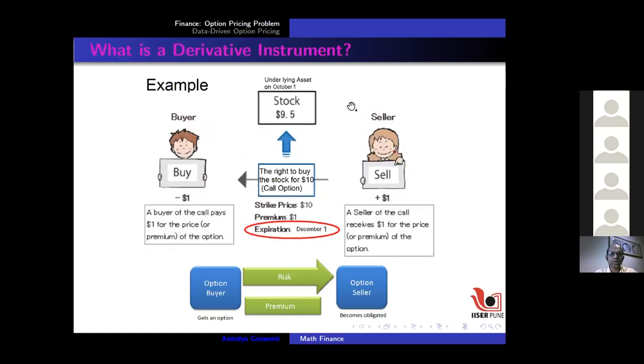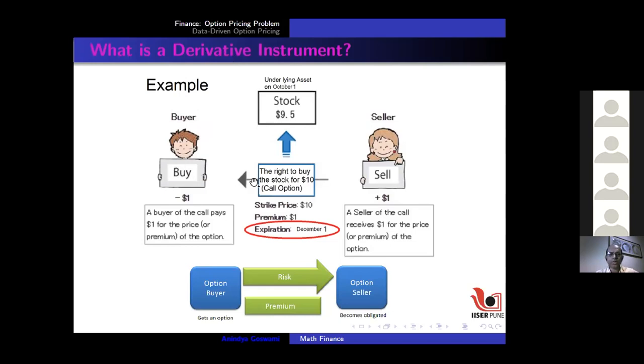So why should volatility be part of our discussion? Because there are many instruments traded in the market regularly, which we call derivatives, because the price of those instruments is derived from the price dynamics of another underlying asset. So this is one very short example, a call option.